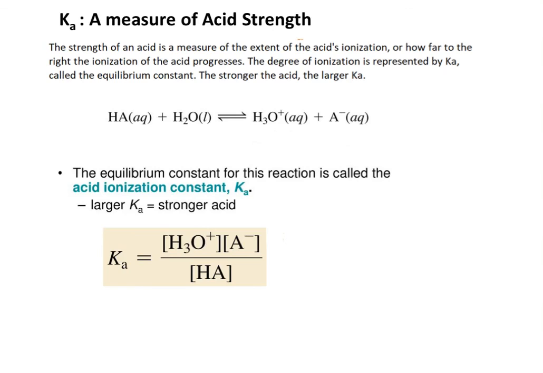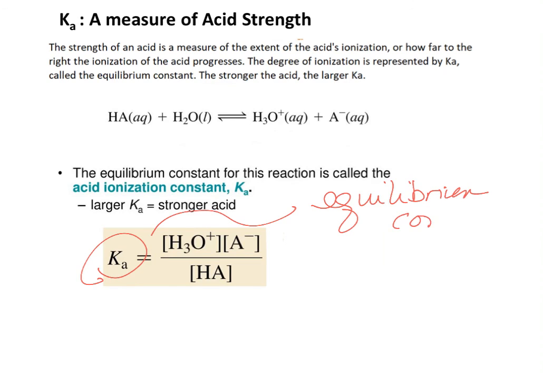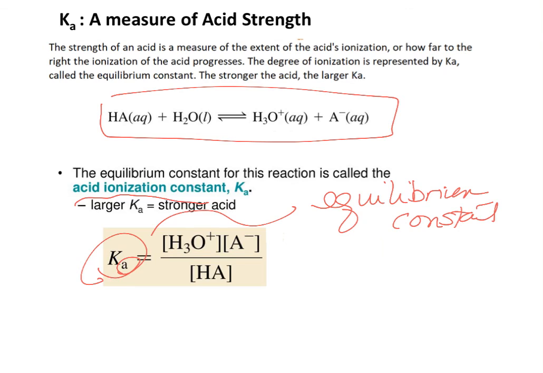Chemists use a constant called Ka. It's actually a type of equilibrium constant, which we'll get into much more in the next unit. It's also frequently called the acid ionization constant for obvious reasons. This little subscript A just stands for acid. But take a look at the generic chemical equation shown at the top and then compare that to the expression for Ka.